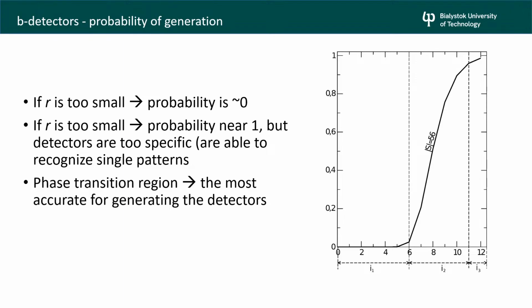Because, for example, if we have a string with R equal to 1, then probably at such a position in the subset we also have the values 0 and 1. So it is not possible to generate such detectors.